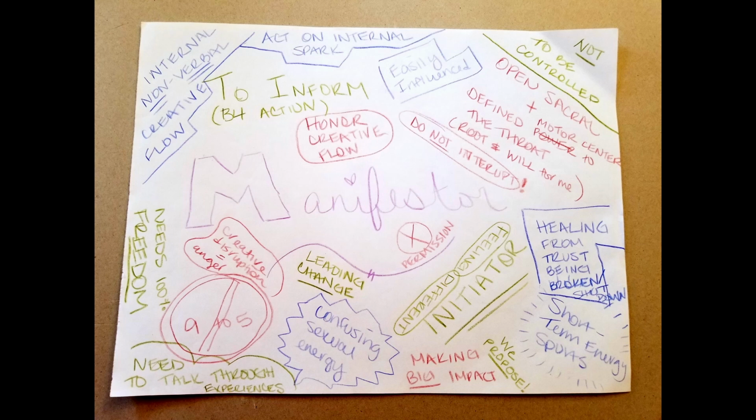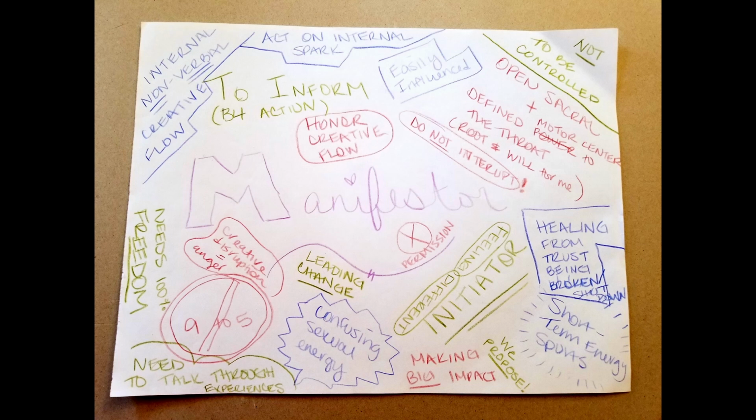Manifestors also need to talk through experiences. We have short-term energy spurts. Because we don't have that sacral defined, we don't have consistent access to doing energy. So we can come up with a new way of doing something and go through the motions to show the rest of the world what that could look like. But it's not our role to perfect that or to continue doing that for a long period of time.